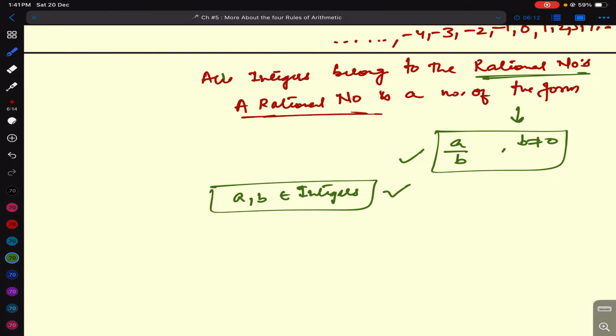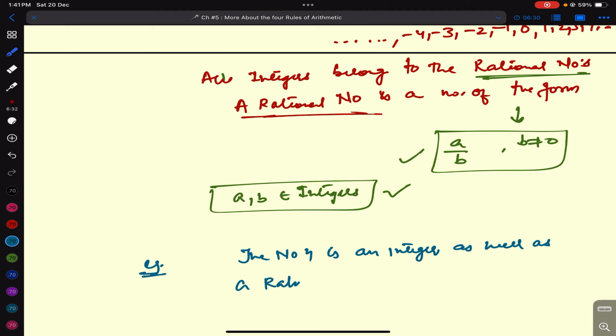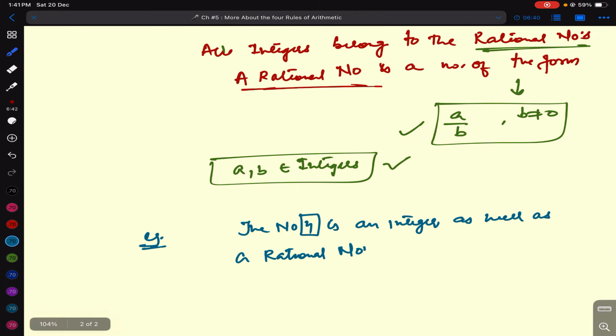Clear? Now let's take a few examples and that will make things more clear. Let's take the first example. The number 4 is an integer as well as a rational number. As it can be written without a decimal component, it belongs to integers, right? So the number 4 can be written directly as an integer, or as 4 over 1, which is a rational number.